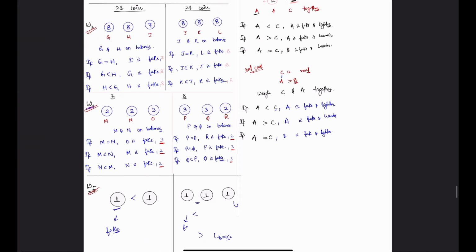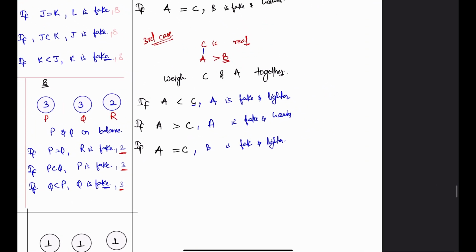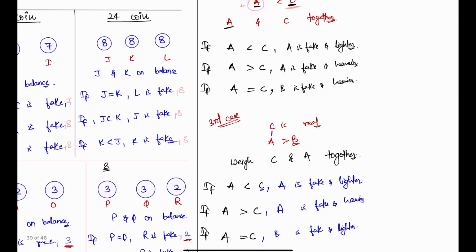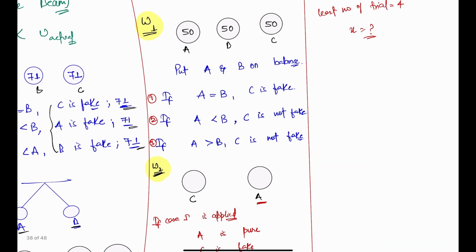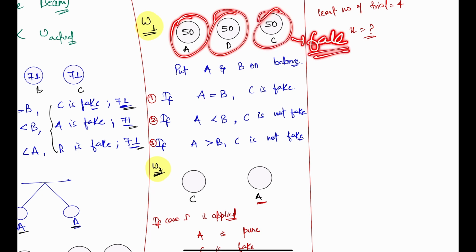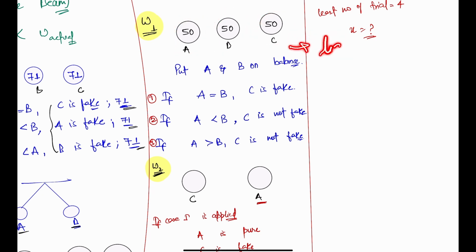So in our second weighing, we can easily identify which 50 is fake, and whether it is lighter or heavier.